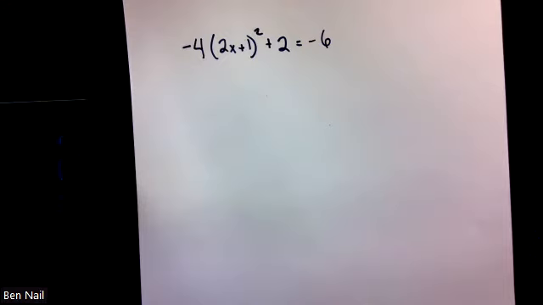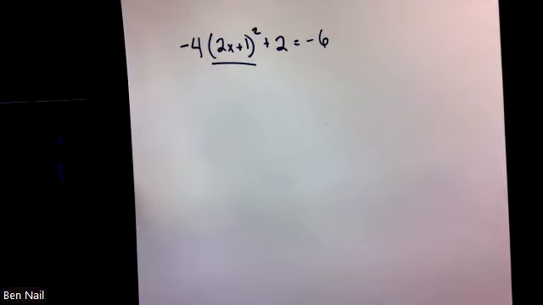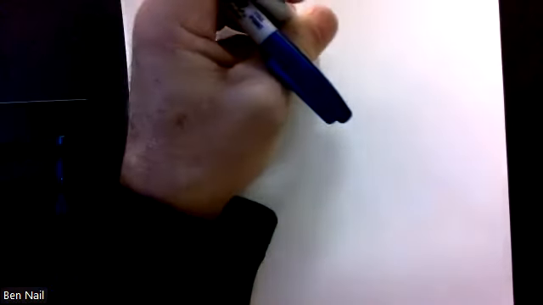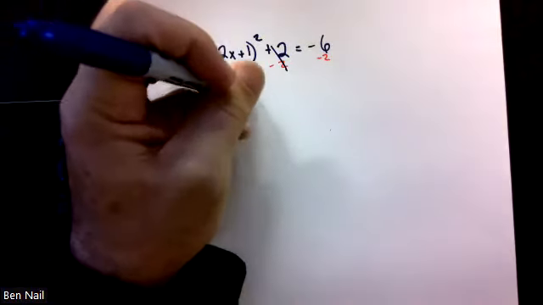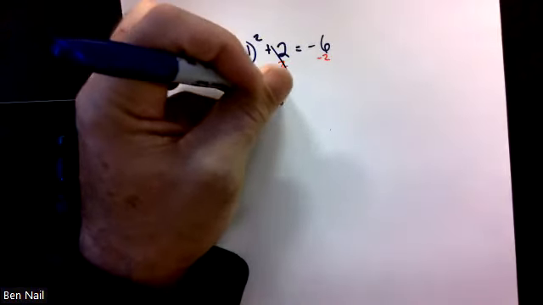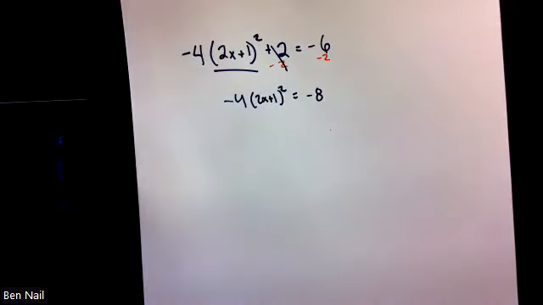Okay. So let's say we needed to solve this. Very similar. Again, we want to isolate the squared portion. So same game. We want to get rid of the non-squared stuff. So we get negative 4 times the quantity (2x + 1) squared equals negative 6 and negative 2 is negative 8.